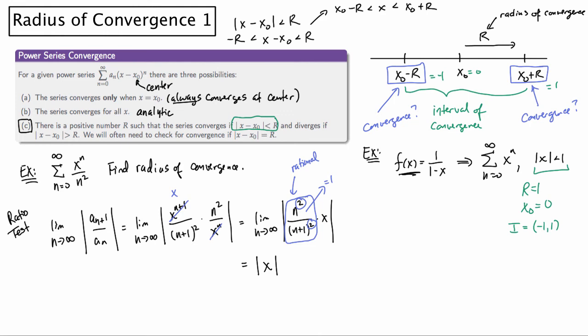The value of x can be anything, but in order for this to converge, the ratio test says that what comes out of this process has to be less than 1. That tells me right there that my radius of convergence is going to be 1.